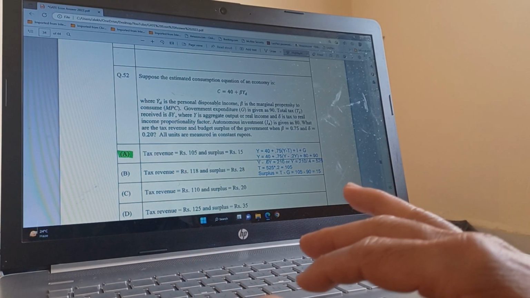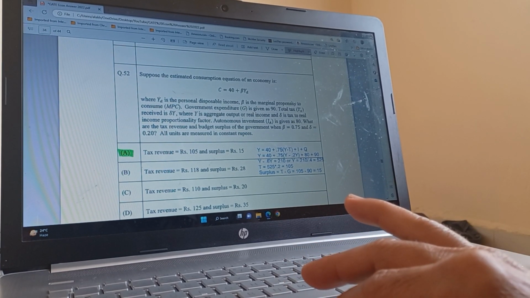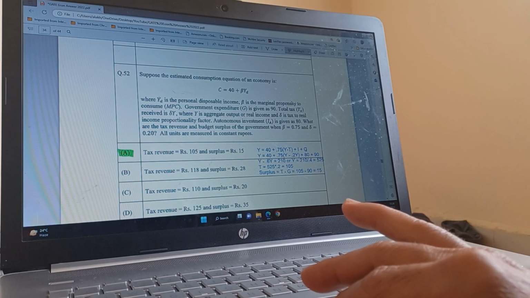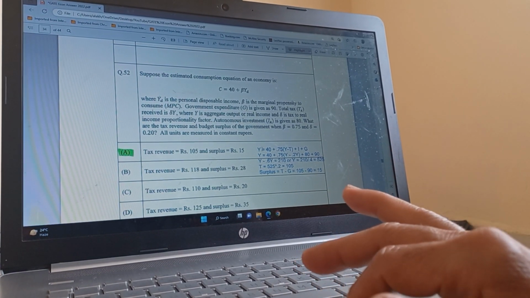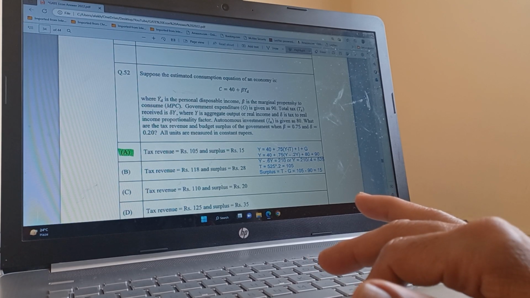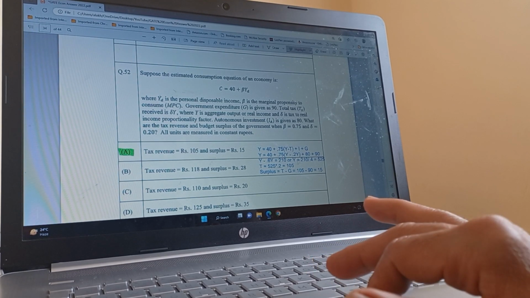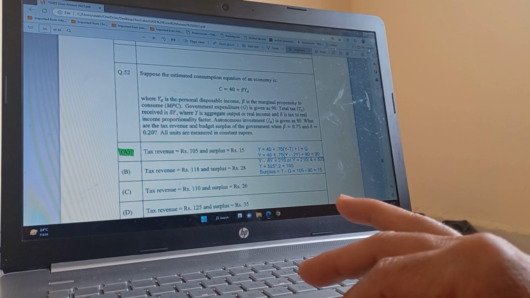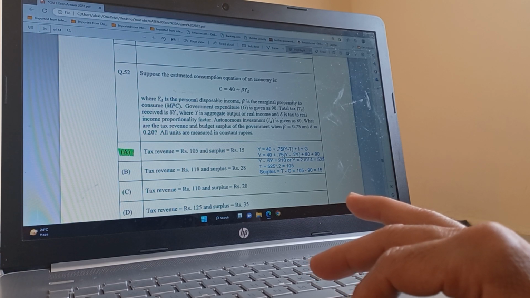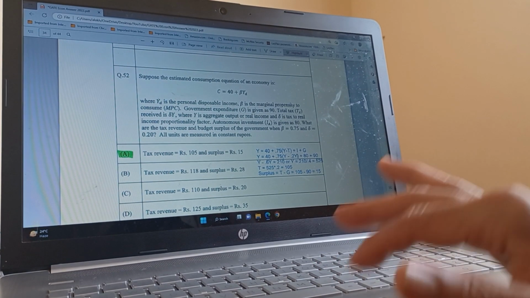So we calculate that Y is equal to C plus I plus G. This is our equation. There are no exports and imports, so I am ignoring that part. So Y is equal to 40 plus 0.75 times (Y minus T). Y minus T is this YD, disposable income, plus I plus G. So this gives me Y is equal to 40 and beta is 0.75, so I put here 0.75 and (Y minus 0.2Y). This is 0.2Y.